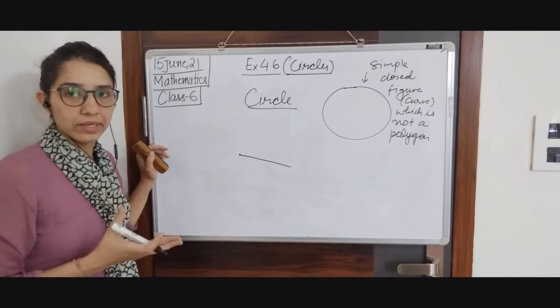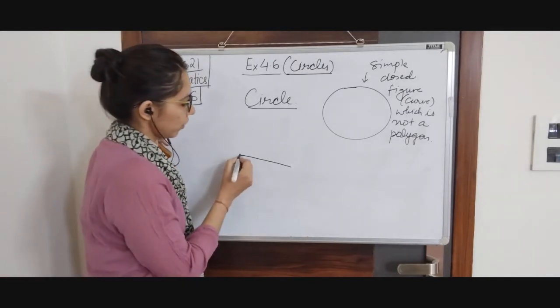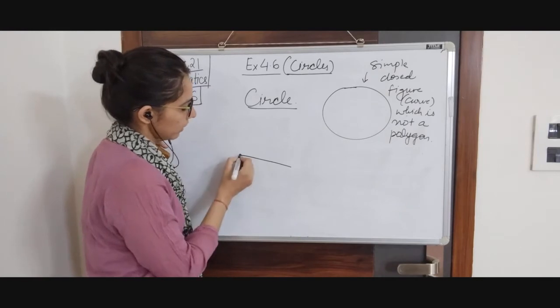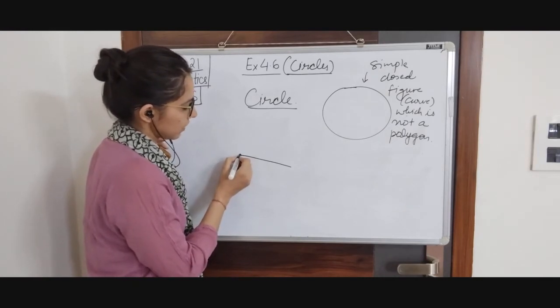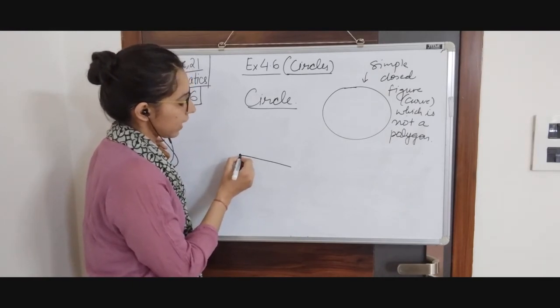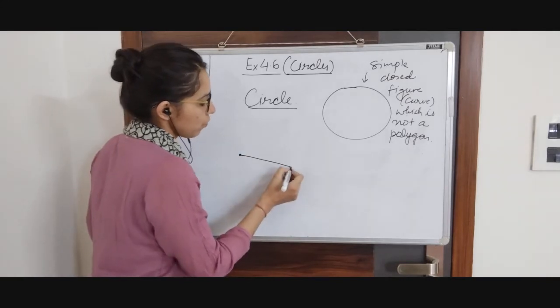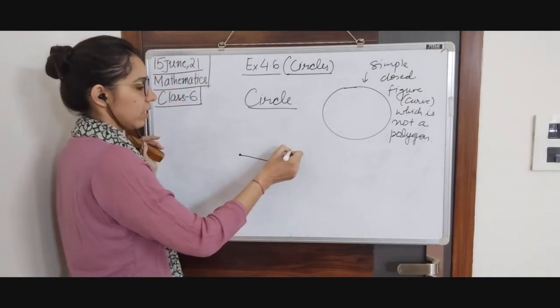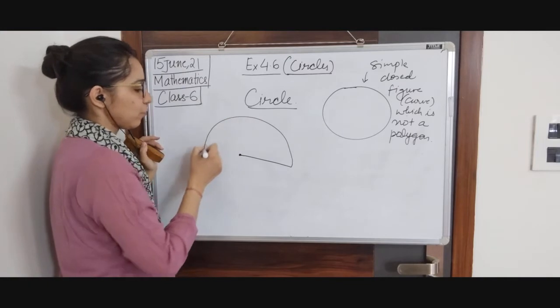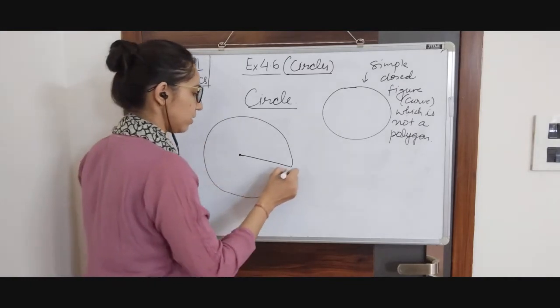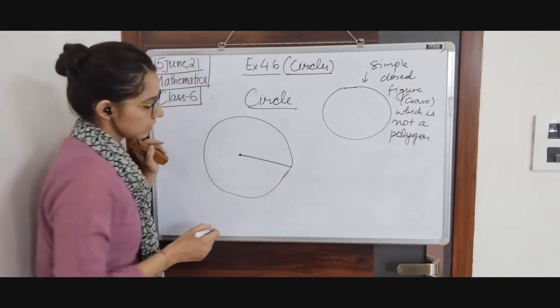Then what will you do? You will use a pen or a nail. You will fix one end of the thread to this, and you will move this thread all around. And the result you will get is a circle.